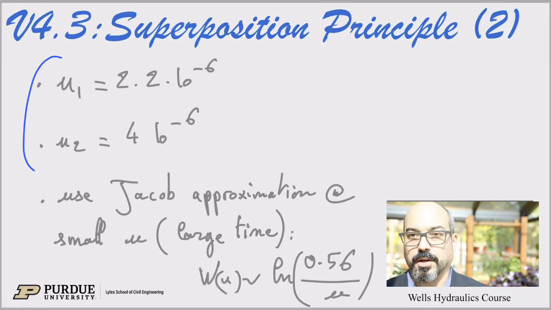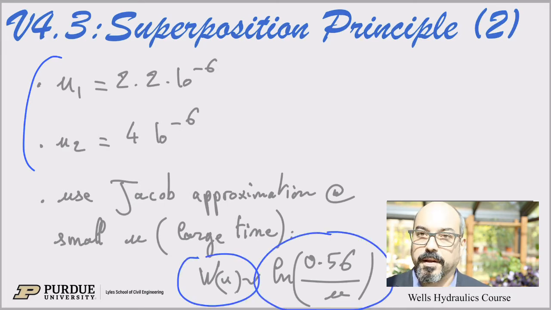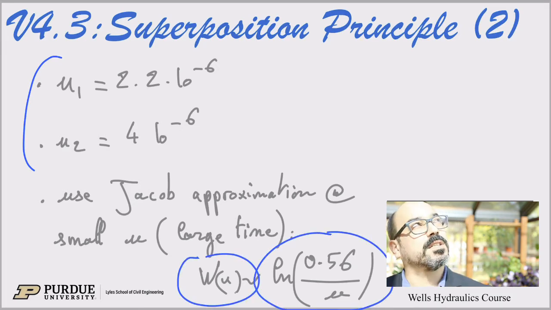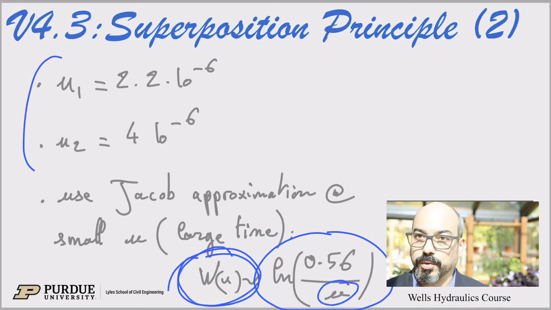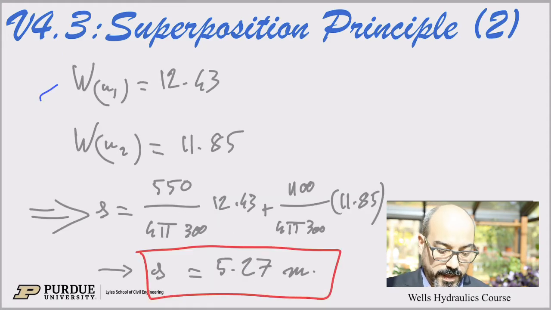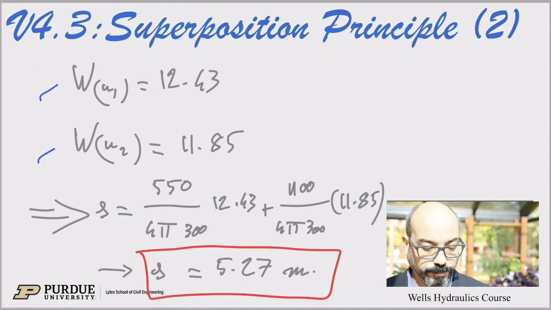But here I'm reminding you of the Jacob method: at large times or small u's, you can approximate the Wells function by the natural log of 0.56 divided by u. Since we know u, we can evaluate W of u using this simple approximation. If we do this, we find W(u1) and W(u2).